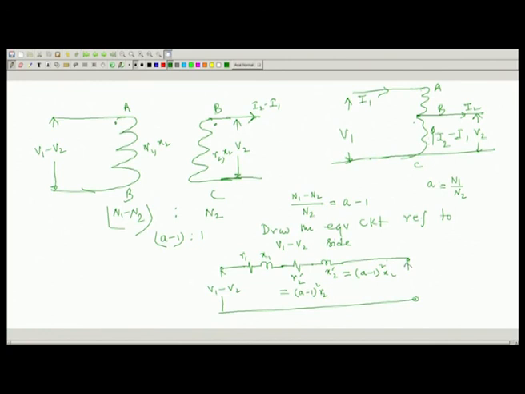This V2, a times V2. So, I must write here (a minus 1) into V2, actual voltage V2, a times this. See what I have drawn, I have these two windings drawn separately, so that I can invoke whatever I have learned from two winding transformer, those simple but important principles, I will straight away apply.